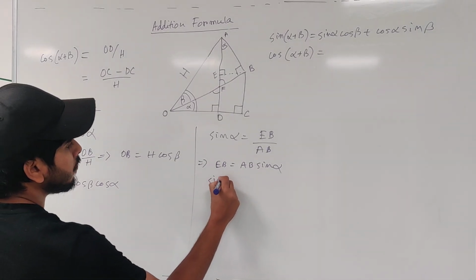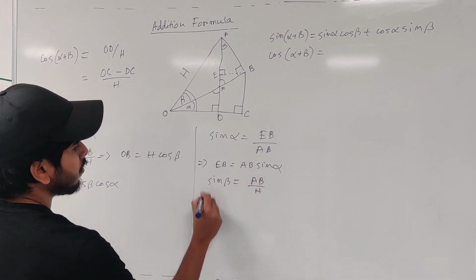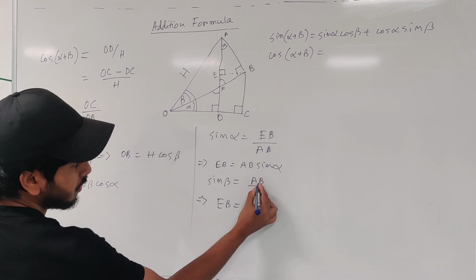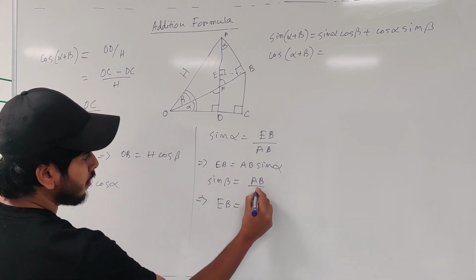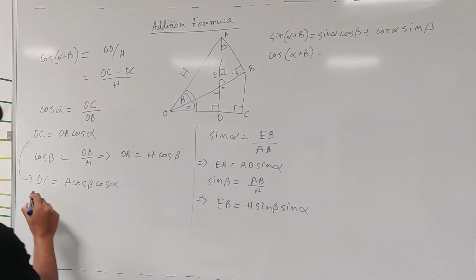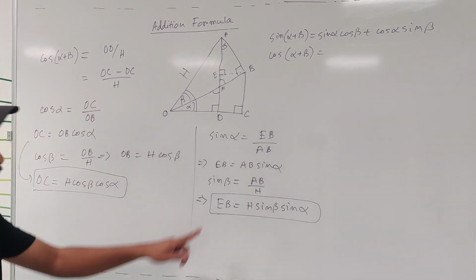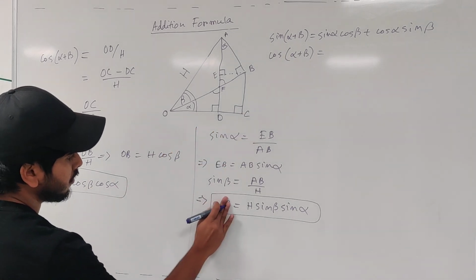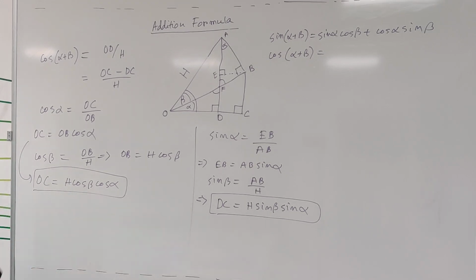Sine of beta equals AB over H. Combining these two, EB equals AB sine alpha, and AB is H sine beta. Jumping a step, H sine beta sine alpha. EB is same as DC, so I'll just write DC here. Right? So OC and DC.